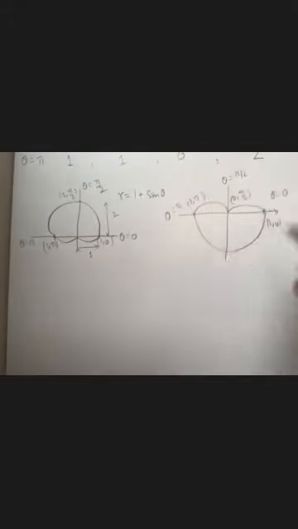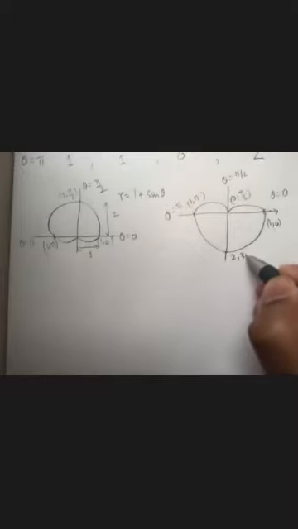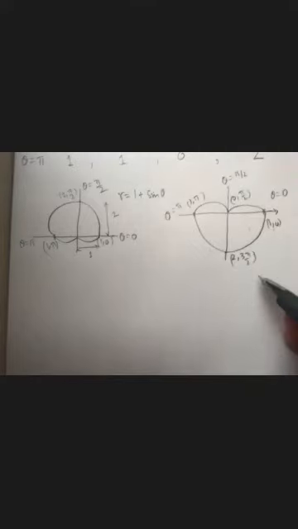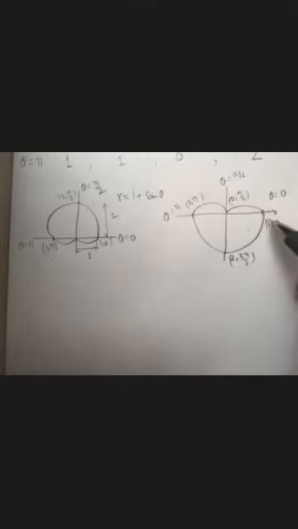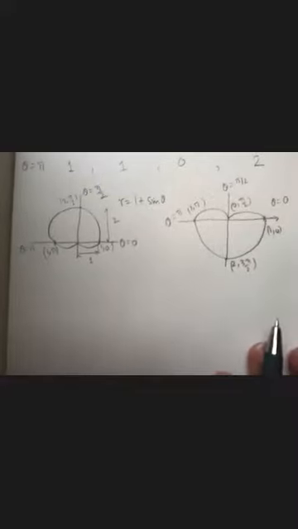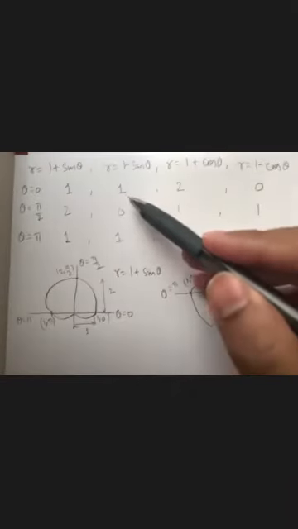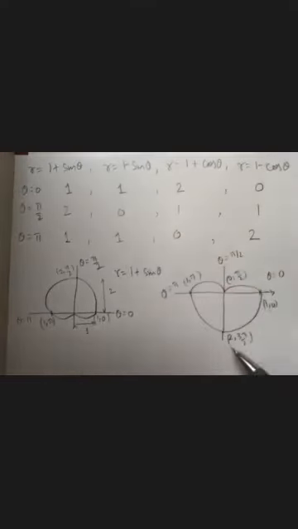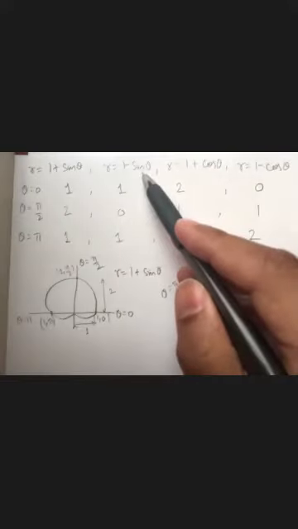Then 1 comma pi, and then 2 comma 3 pi over 2. Although I have not written what 3 pi over 2 gives, you can check that 1, 0, 1 is 1 minus sine theta. Theta 0, it's 1. Theta pi over 2 is 0. Theta pi is 1. And if you go beyond, at 3 pi over 2 sine theta will be negative 1 and we will get 2. This curve is then 1 minus sine theta.